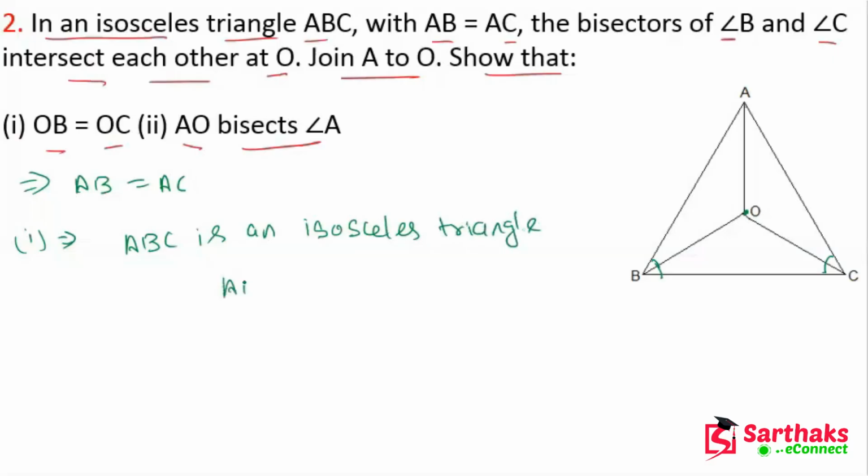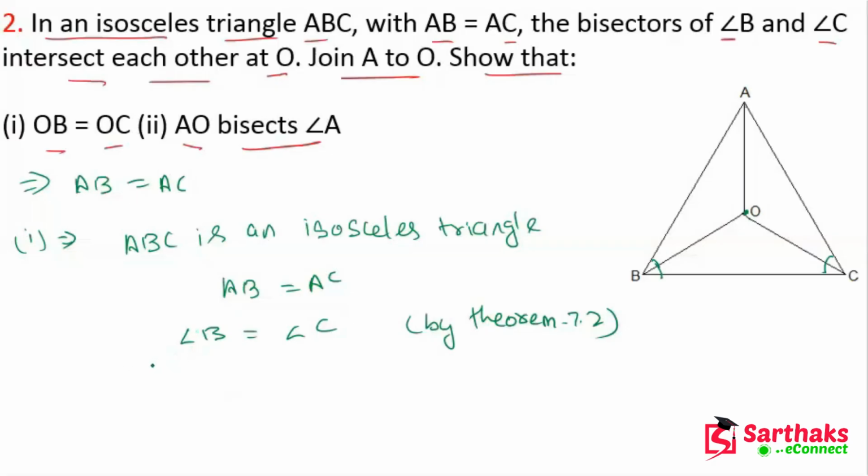So we can write AB is equal to AC, and by the theorem we can write angle B is equal to angle C, by theorem 7.2. My dear friends, got it.